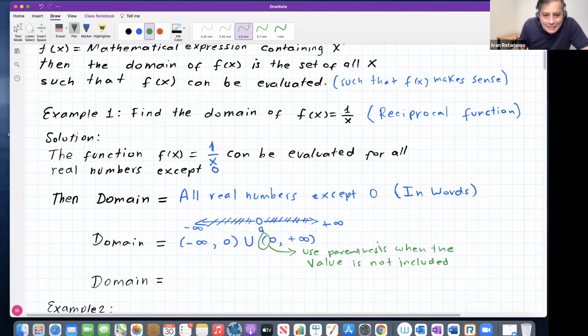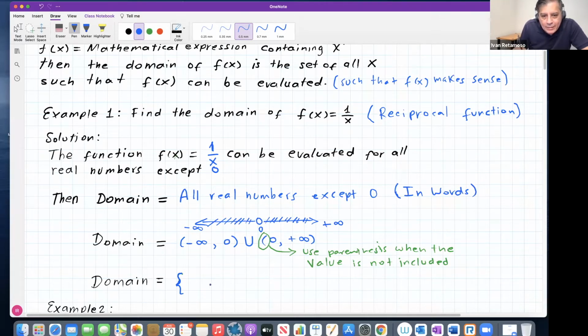Now, the same domain can be expressed using what mathematicians call set builder notation. How does this work, the set builder notation? Well, you start by considering here braces, and you consider here a property that defines this, right?